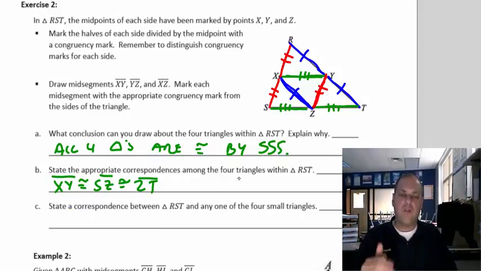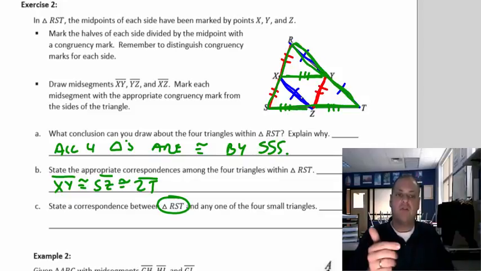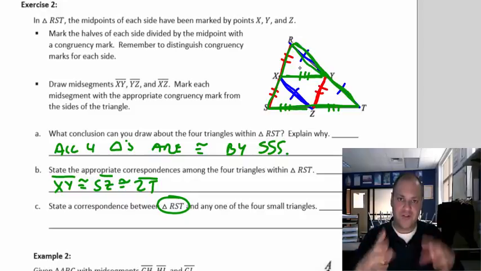I want to go further than that though, and I want to say, how does triangle RST compare to the 4 smaller triangles? If RST is the big triangle, how does the big triangle compare to one of the little triangles? Well, if 4 of those little triangles fit inside the big triangle, then each of those little triangles is 1/4 of the big triangle.